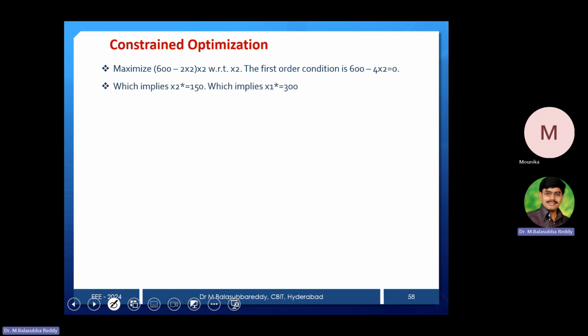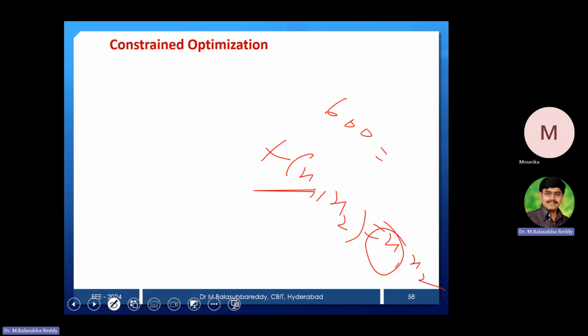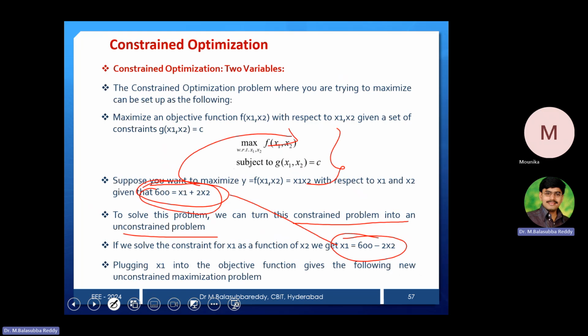We can see what you mentioned here, wherever the variable x1 is there, because our function f of x1 comma x2 is equal to x1 x2. Now they mention 600 is equal to x1 plus 2x2.